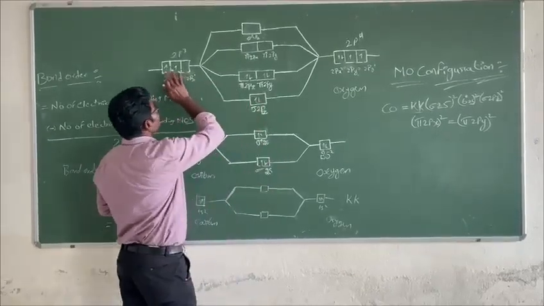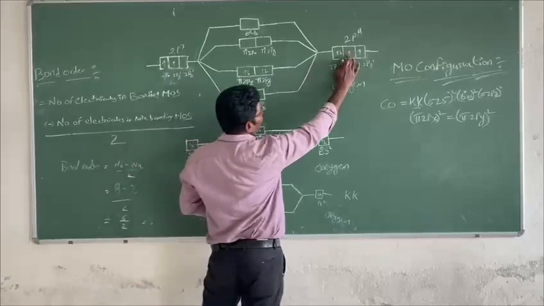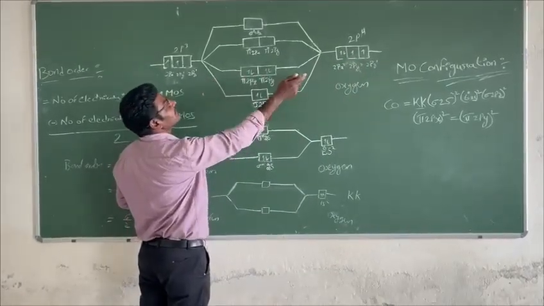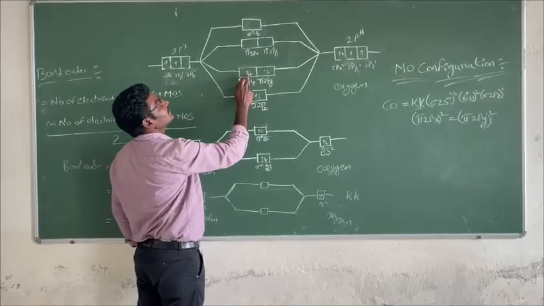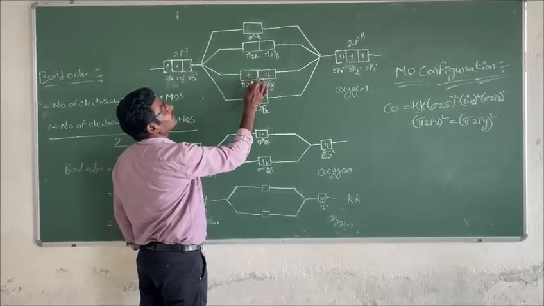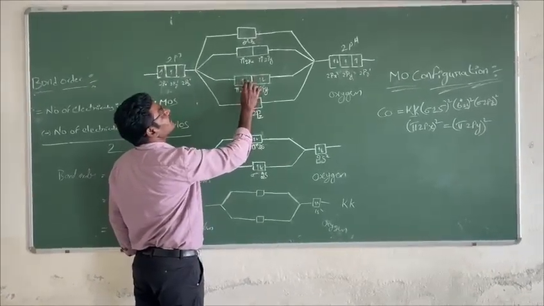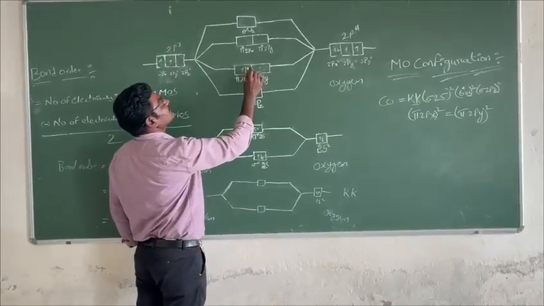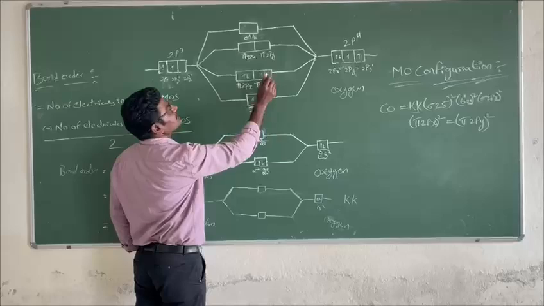Next one is totally 2 electrons and 4 electrons, totally 6 electrons. So out of 6 electrons, 4 electrons: first one is the 1 electron and second one is the 1 electron, 4 electrons. Next one is the 5th electron, next one is the 6th electron.